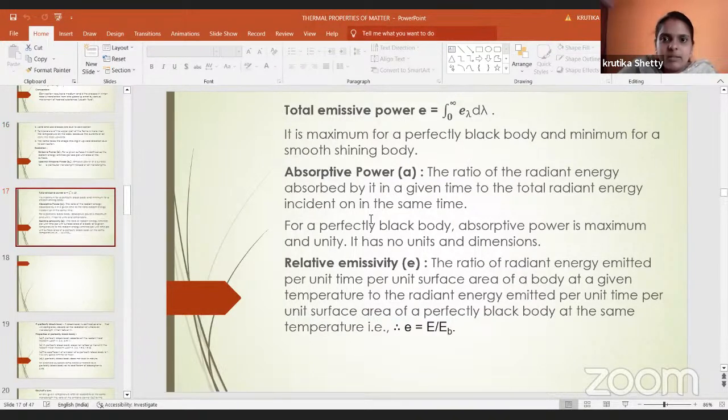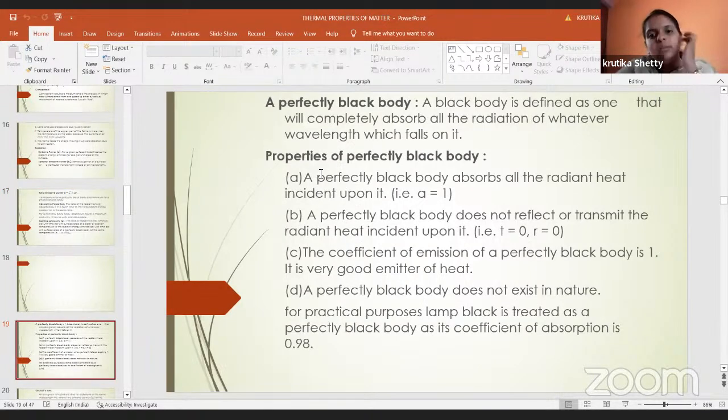So you just go through the formula here. Relative permittivity is given by E by EB. Then perfectly black body is one which completely absorbs all the radiation, whatever the wavelength falling on it. The properties of a perfectly black body are, see here, why I am stressing this is because we have questions based on this.